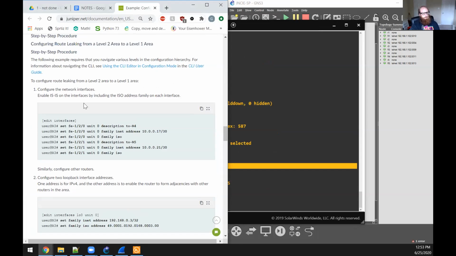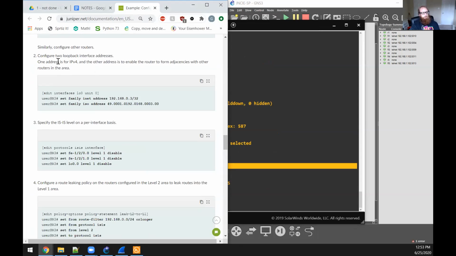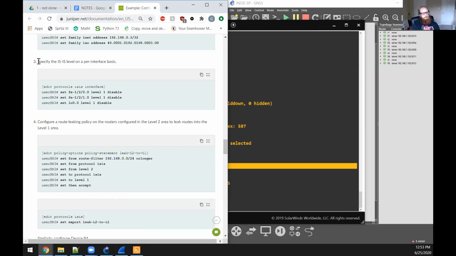Configure the network interfaces, enable ISIS on the interfaces by including the ISO address family on each interface. Configure 2 loopback interface addresses. One address is for IPv4, and the other address is to enable the router to form adjacencies with other routers in the area. Specify the ISIS level on a per interface basis.